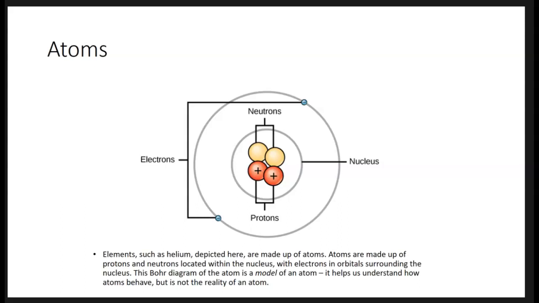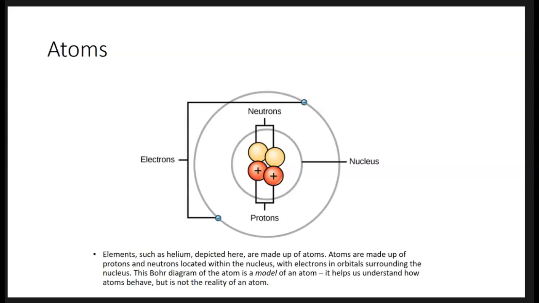The Bohr model shows that the nucleus of an atom is composed of protons, which are positively charged subatomic particles, and neutrons, which are uncharged subatomic particles. Protons and neutrons both have a significant mass in terms of the atom. So the nucleus, which is composed of protons and neutrons, makes up most of the mass of the atom.